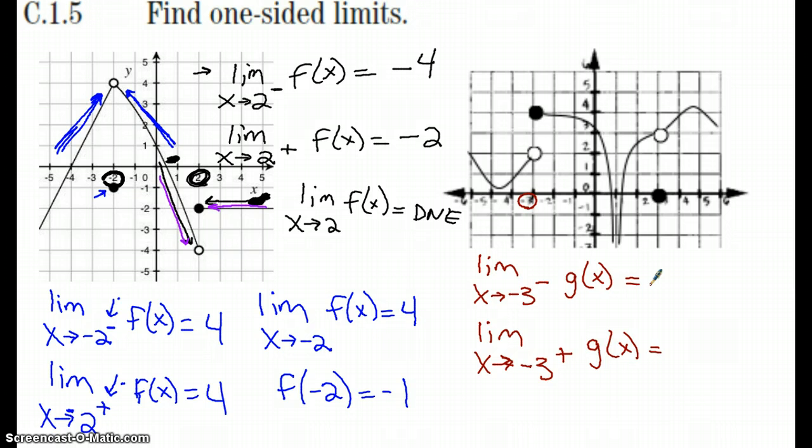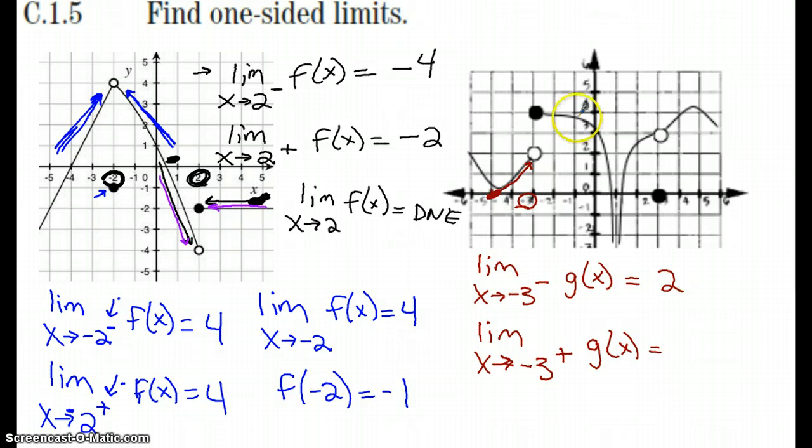Okay, so we quite literally find negative 3 and go to the left. So here is somewhere on the left of negative 3, and we follow the function towards where it's headed. It's headed towards 2. So from the left, the limit is 2.